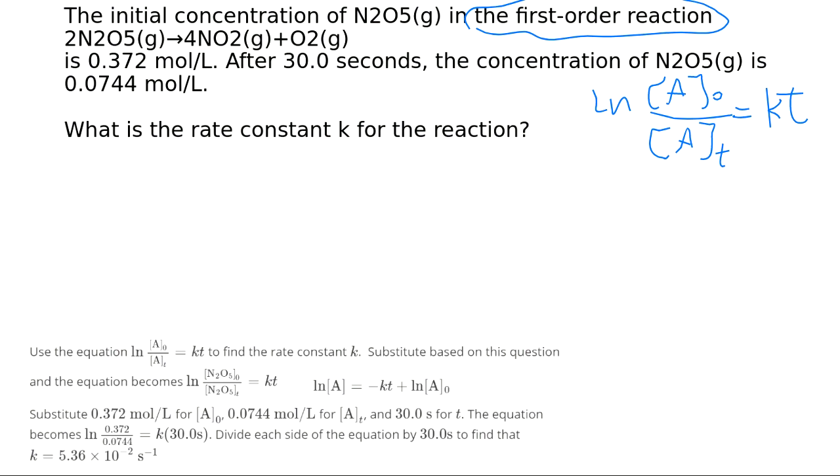Because if you want the relationship between the concentration and the time, this is the form of the rate law you need to use for a first order reaction. Okay, initial concentration, label your data. So this is A0.